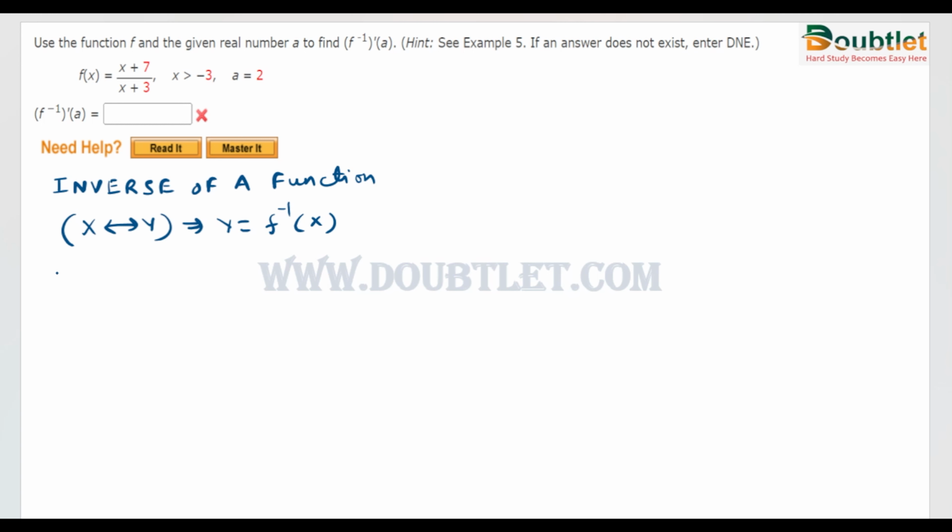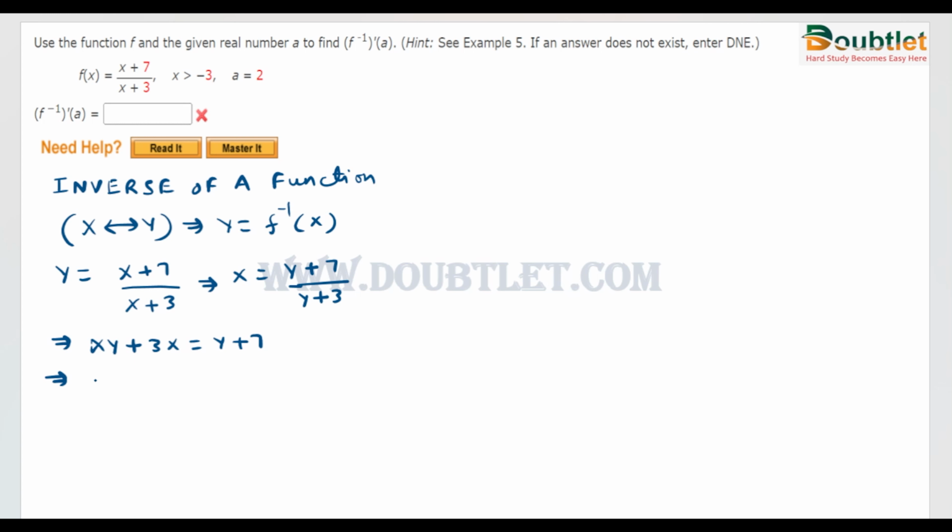Now here the function is given as f(x) = (x + 7) divided by (x + 3). If we interchange x and y, we can write this as x = (y + 7) divided by (y + 3). Now if we cross multiply, we get xy + 3x = y + 7.